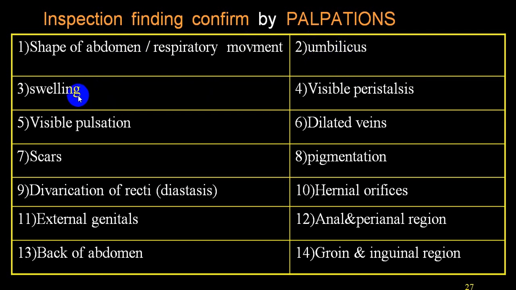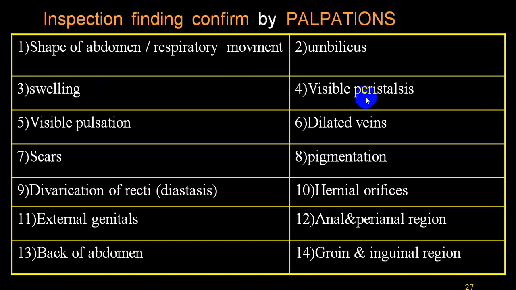Entire detail of swelling can be described, which you mentioned in case of inspection, and now you can mention the exact size, because in palpation you can do the measurements. You can palpate for tenderness, pulsation, movement with respiration, etc.